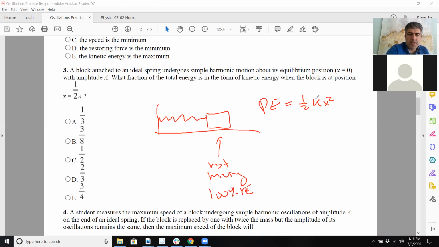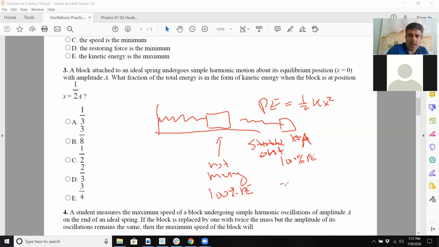Let's assume our position right now was at x equals A. When it gets to its full amplitude, say you stretch it out, that's considered its full amplitude, x equals A. It's still 100% potential energy when it's fully stretched out.